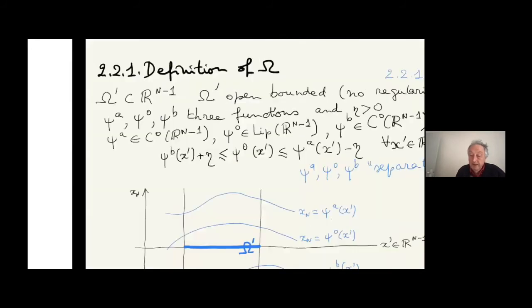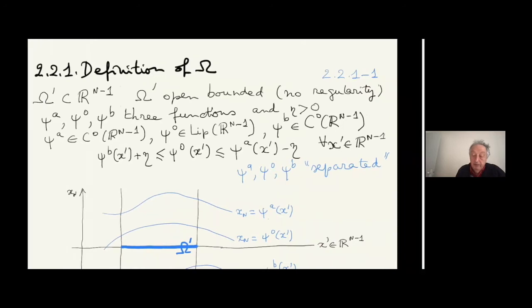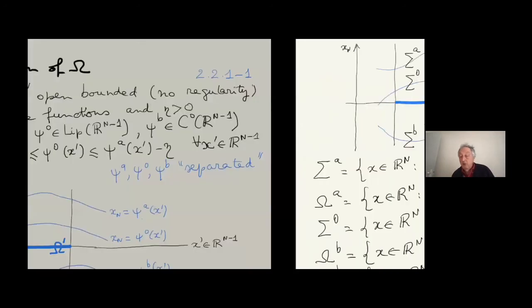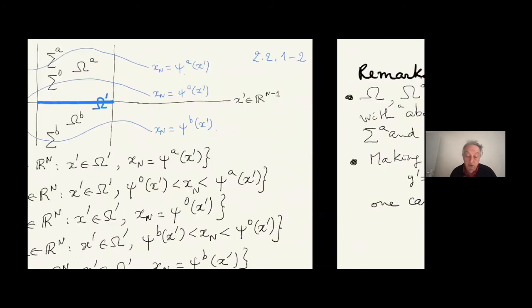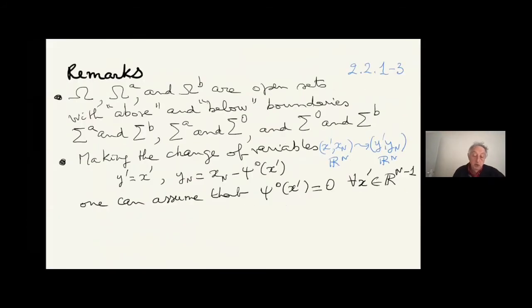Okay, so omega is described. Let me make very few remarks. The remark is that omega A and omega B are open sets with above and below boundaries.